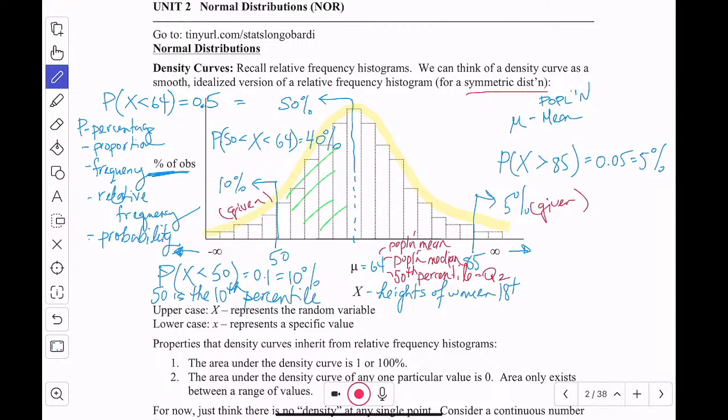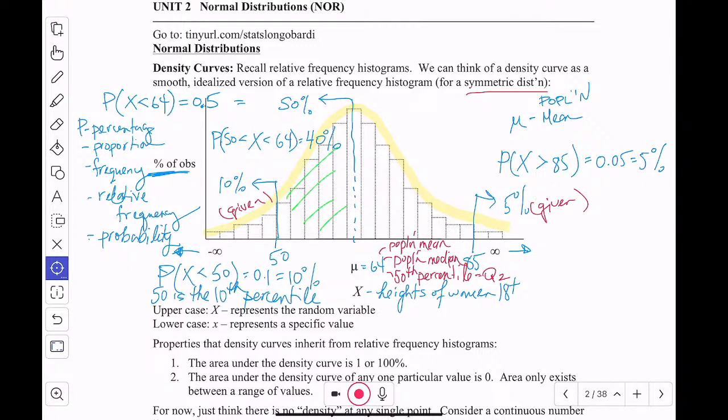And what do we call 85? Very good. So 85 has how many below it?